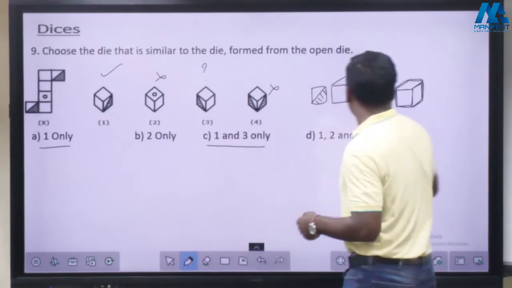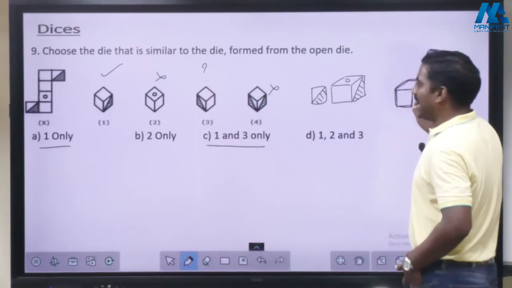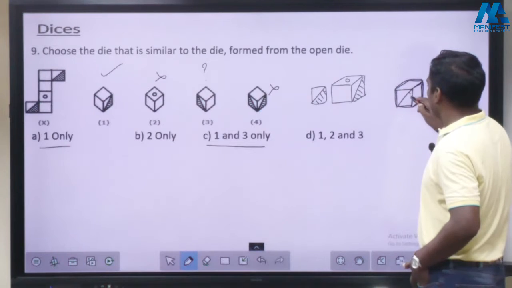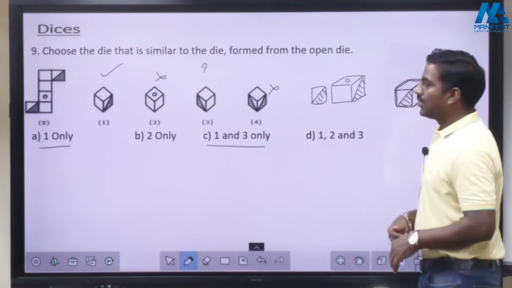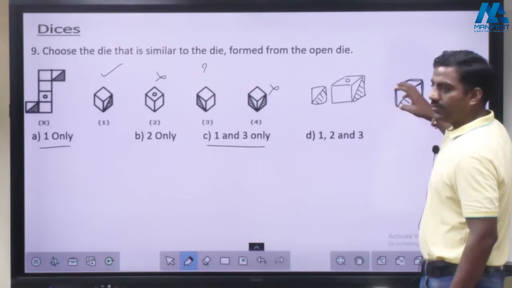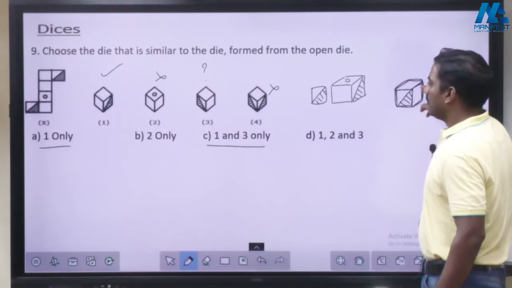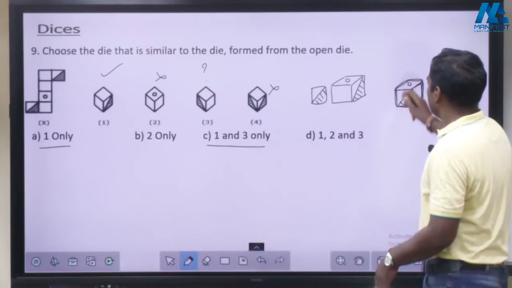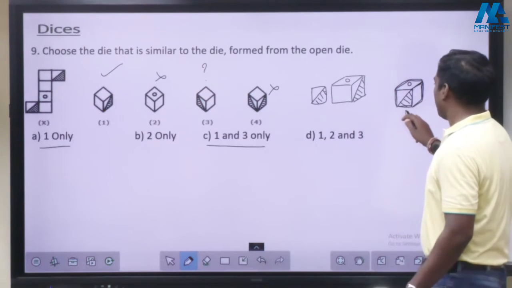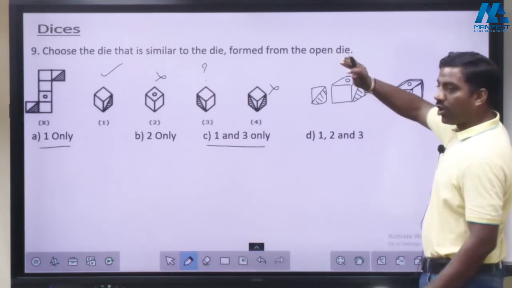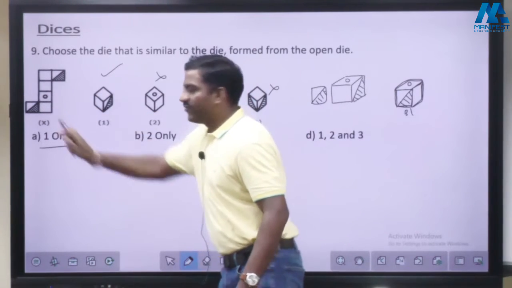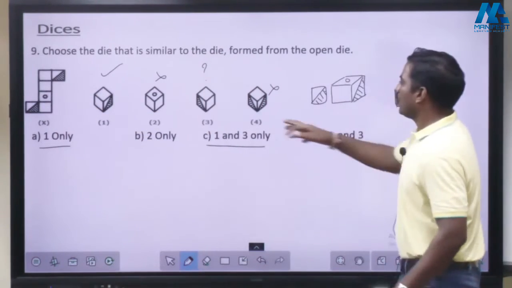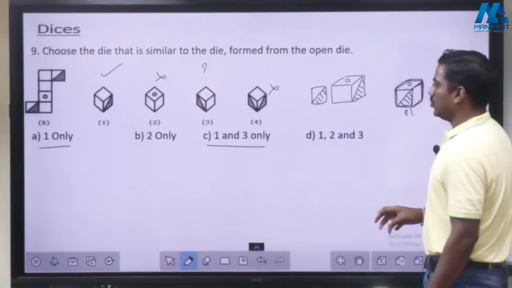So how it will be? The front is blank and this one is like this. Then the dot is this one and here the blank has come. The top blank has come to the bottom now and left is here. Then to get this diagram, what we have to do?